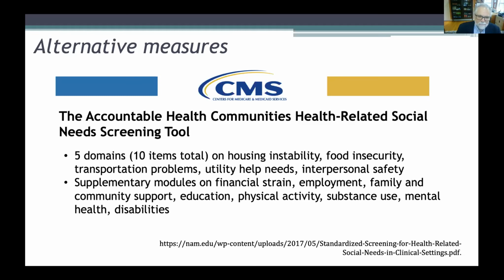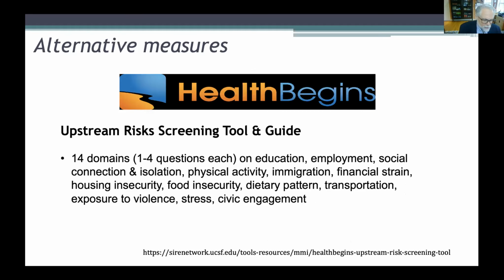Next slide, please. This one is from Health Begins, which is a consulting organization for healthcare topics founded in 2012. This one has 14 domains with several questions each. You see the contents of the domains there. It includes 2 questions on financial strain, one of them being the same one as in the previous CMS measure.